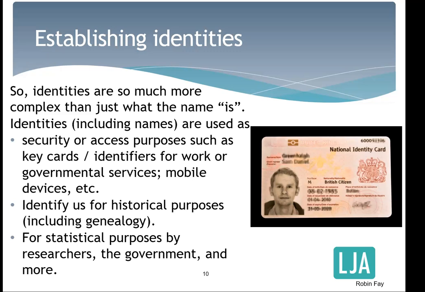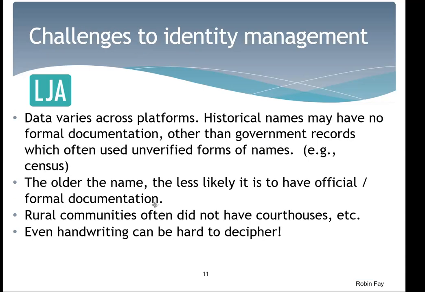And then of course, we also use identities when we're doing statistical research, and the government uses identities: how many people in this particular category that we've constructed did this, or how many people moved, or how many people bought a house, or ages, or what do millennials think, or whatever it may be. We use those characteristics or attributes of identities all the time to group together people to make these broad sorts of analysis about our culture.